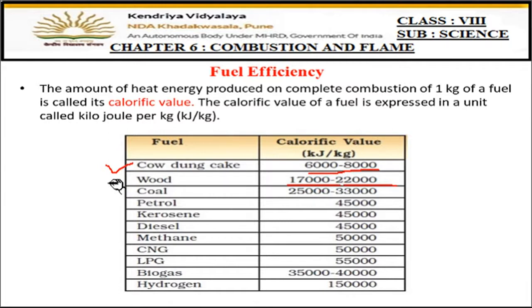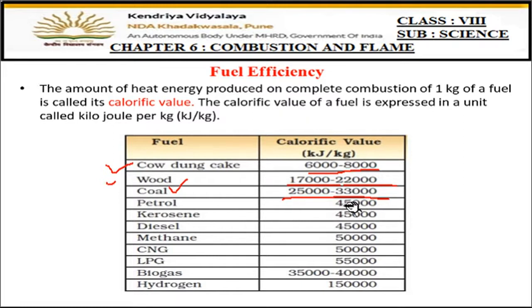So you can see wood gives more energy than cow dung cakes. If you burn coal, then 1 kg of coal gives 25,000 to 33,000 kilojoules of energy. Now you can see that coal has more calorific value than wood and cow dung cake. Coal is a more ideal fuel than cow dung cake and wood because it gives more energy.